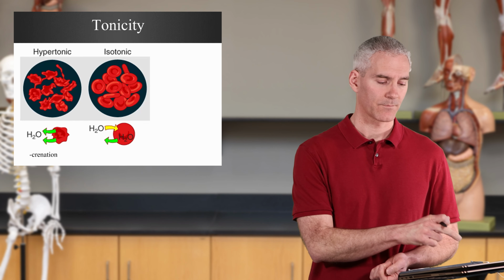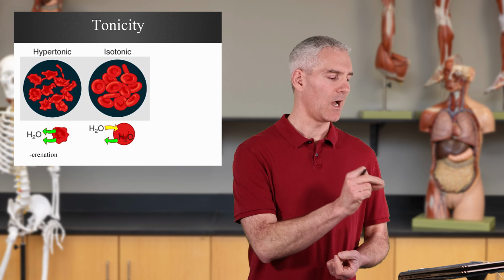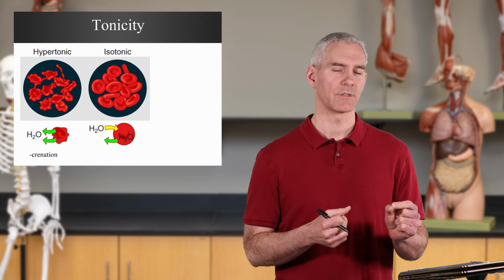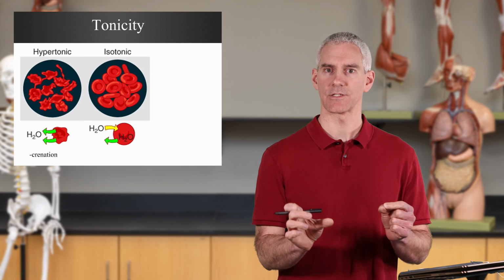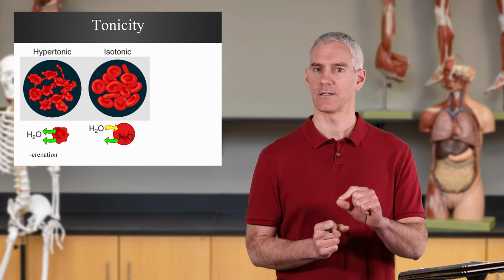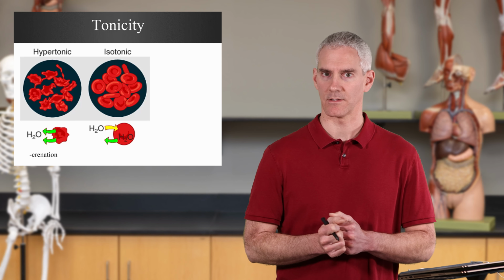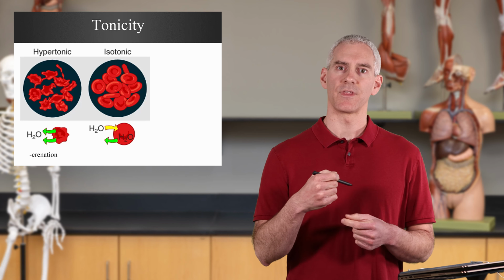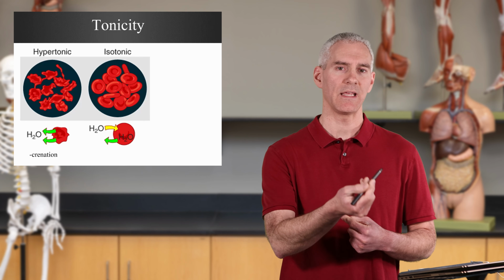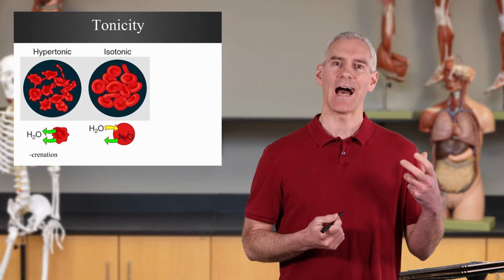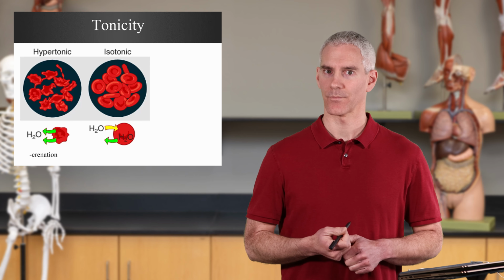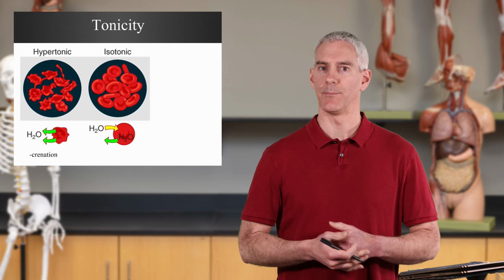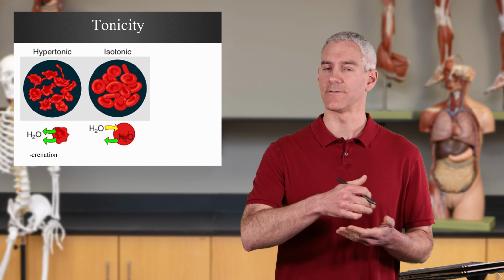But if we end up in a hypertonic solution, hyper means too much, tonicity is the actual concentration. So hypertonic means too many particles. This hypertonic solution means that the solution around the actual cell has a higher concentration than normal. Because the red blood cell, or any cell for that matter, has a semipermeable membrane, the water can leave.